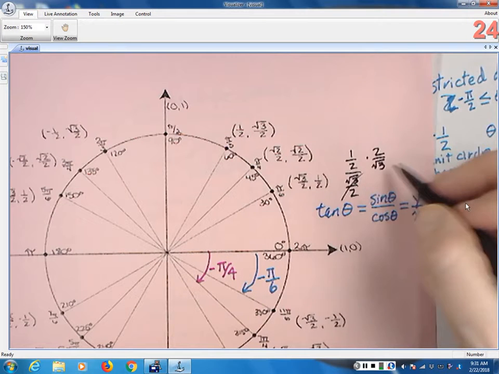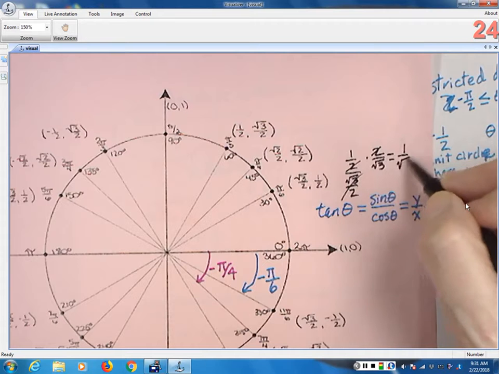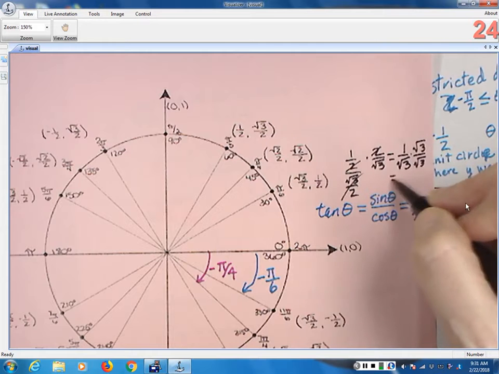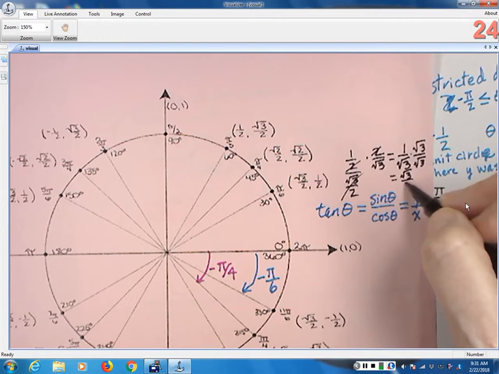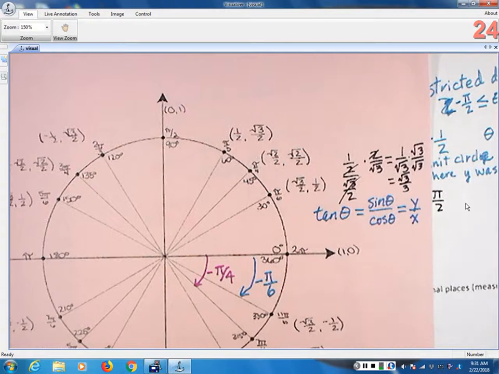Then the 2's cancel, and you get 1 over the square root of 3, and then you rationalize that, and you get the square root of 3 over 3. So tangent of pi over 6 is square root of 3 over 3.